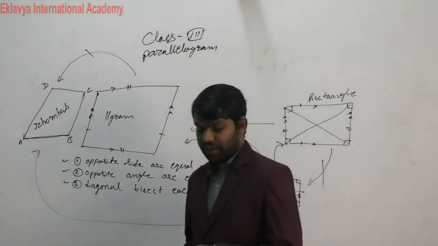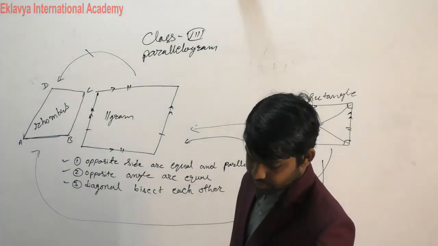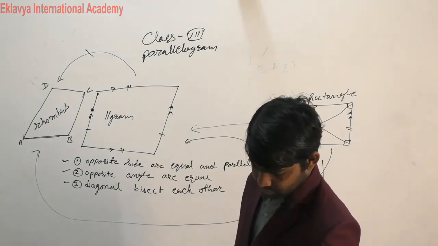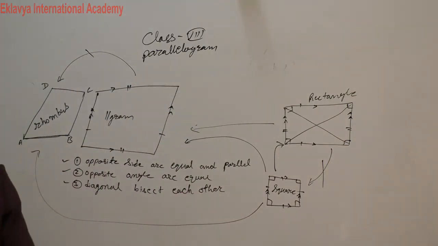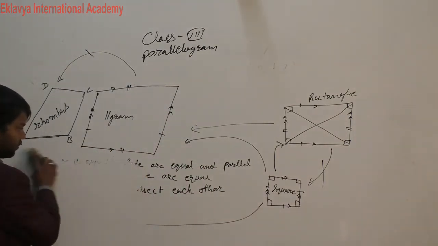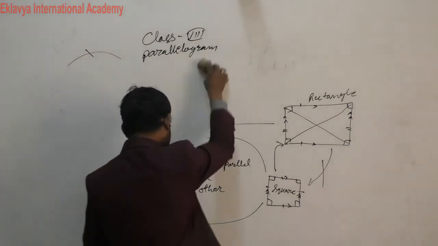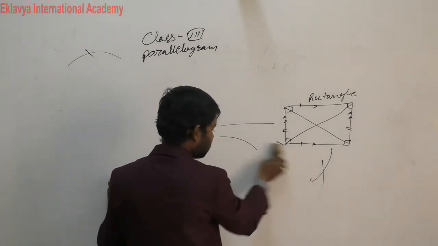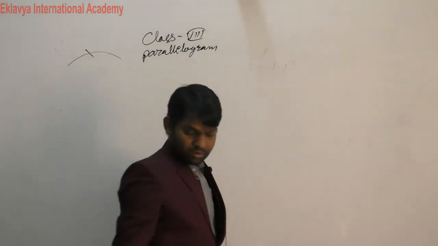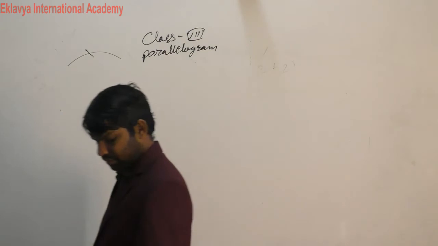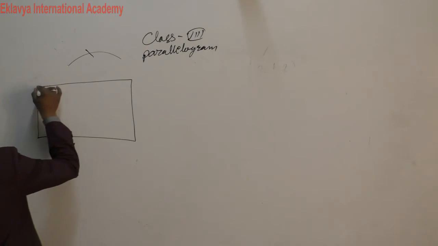Now similarly we will do some questions in the third question. In question number 3, here a parallelogram is given. First diagram is a rectangle.